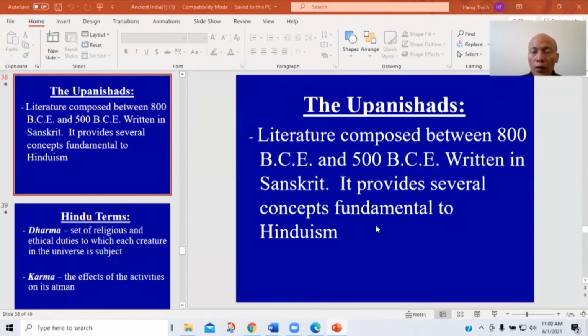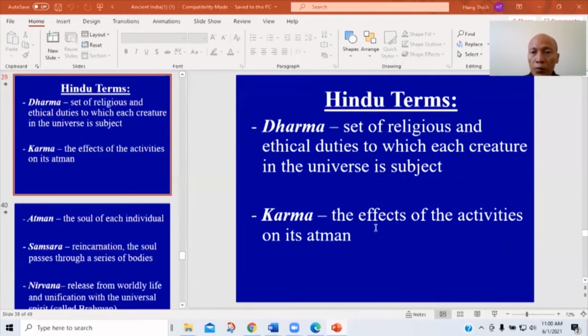So going back, the Upanishads, this literature was composed between 800 to 500 BC. This was written in Sanskrit. It provides several concepts fundamental to Hinduism.